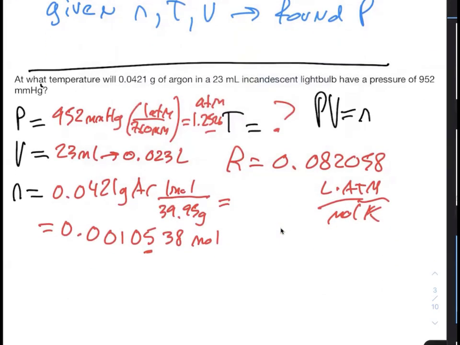PV is equal to nRT. T is equal to PV over nR.